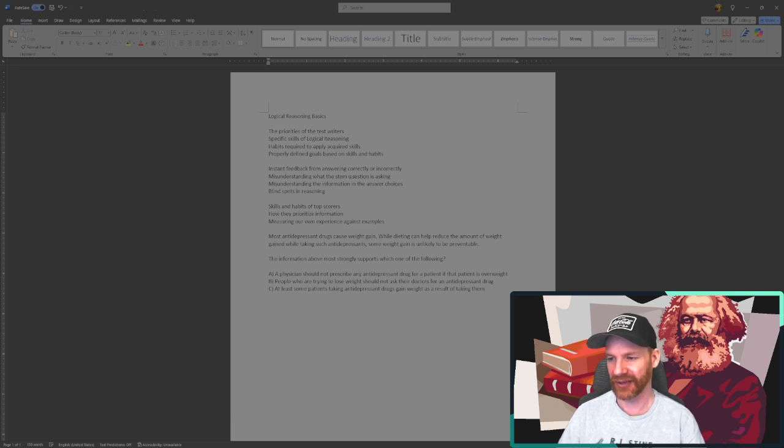That's the most correct statement so far. In fact, it probably is the most correct statement. At least some patients taking antidepressant drugs gain weight as a result of taking them. That strongly supports the information given in the prompt very strongly.